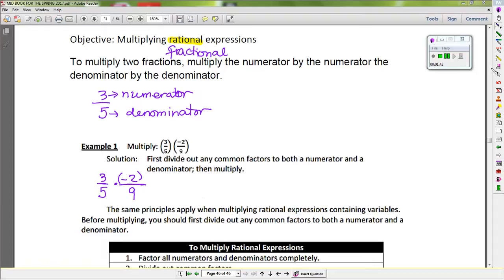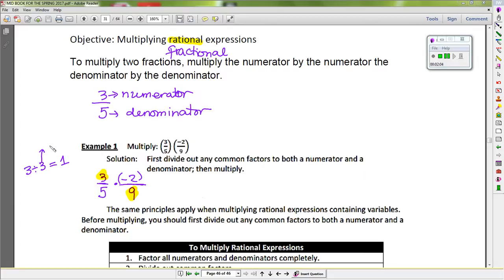So the first thing I'll look for is the common factor. For the 3 and the 9, the common factor will be 3. So 3 divided by 3 gives us 1.